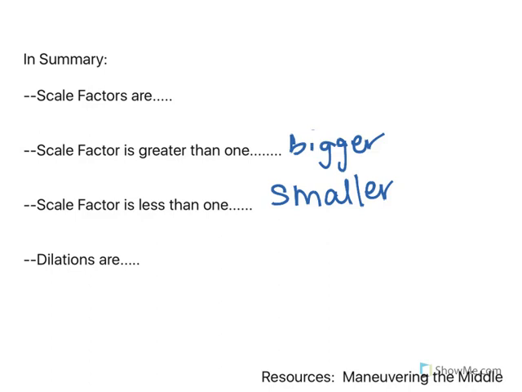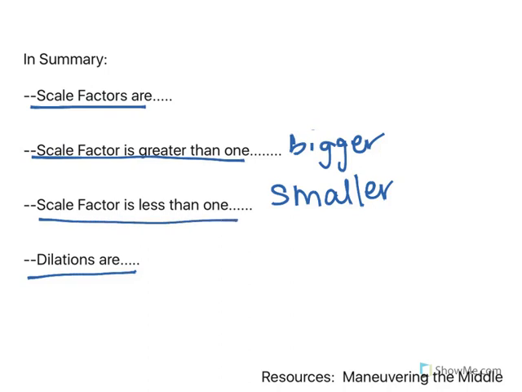And lastly, dilations use the scale factor to make a shape get bigger or smaller. But you tell me, what are scale factors? And what are dilations? You tell me.